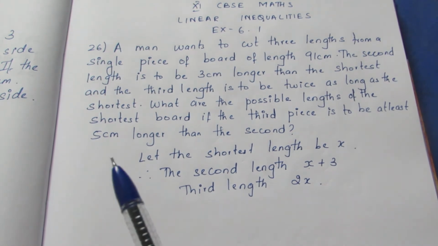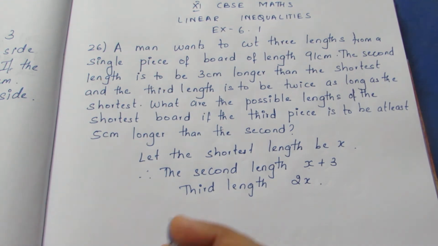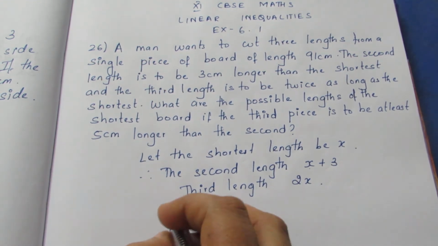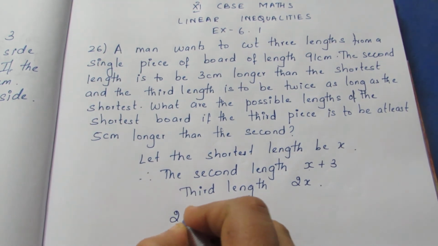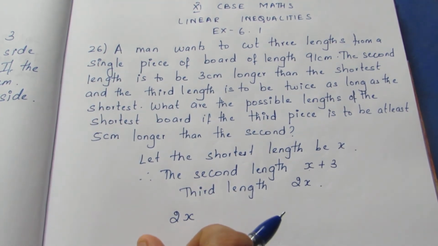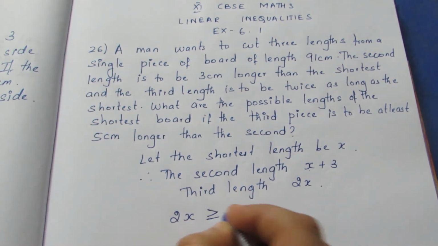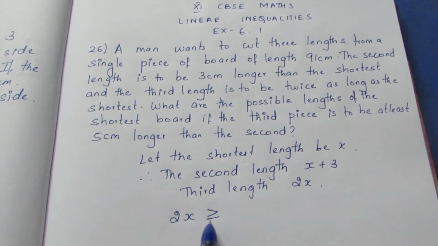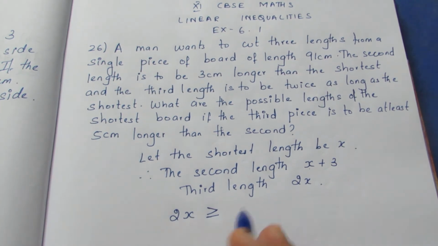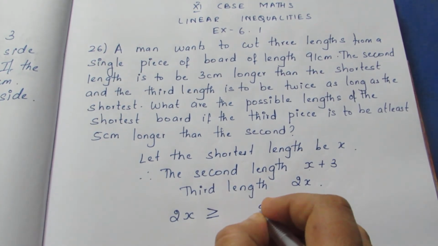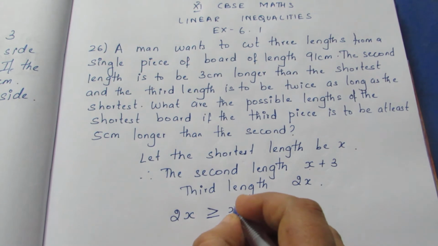So we can take the equation for the third piece as 2x. The third piece is 2x. So it can be at least, means it can be the same or more than, 5 centimeter longer than the second one.